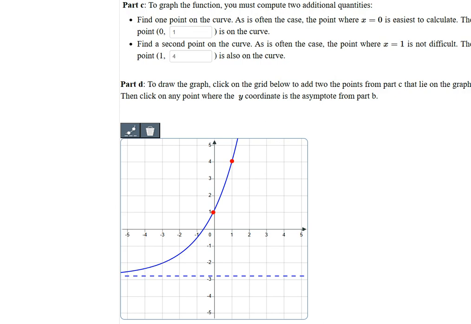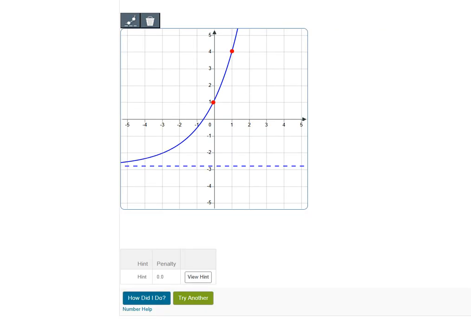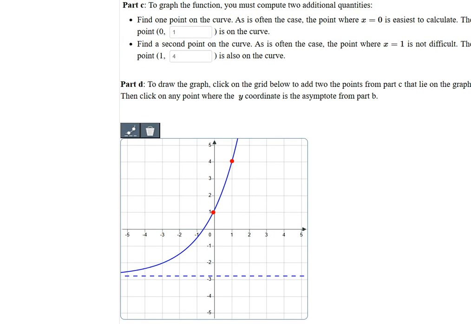And click on any point where the y coordinate is the asymptote. Okay, let me try this again. How do you clear this? I want to move this to here, to 0. Sorry, I'm getting frustrated. Trash? There we go. Okay, now go to this.